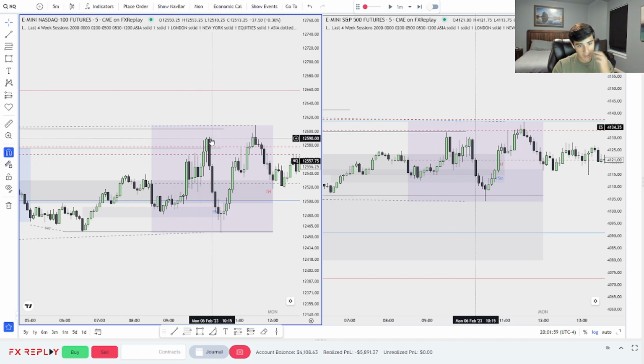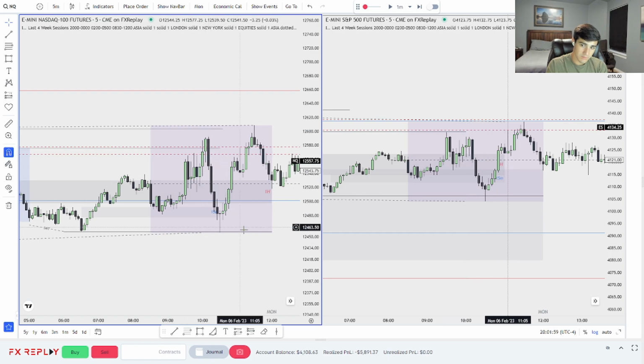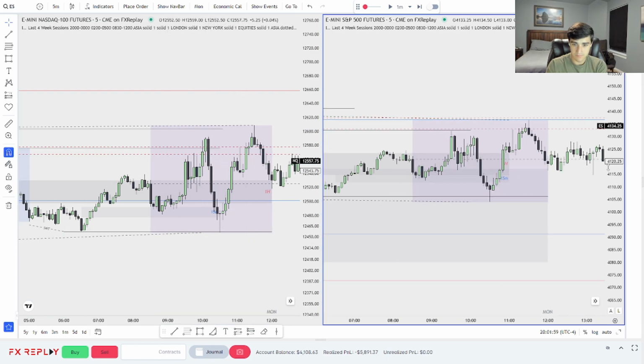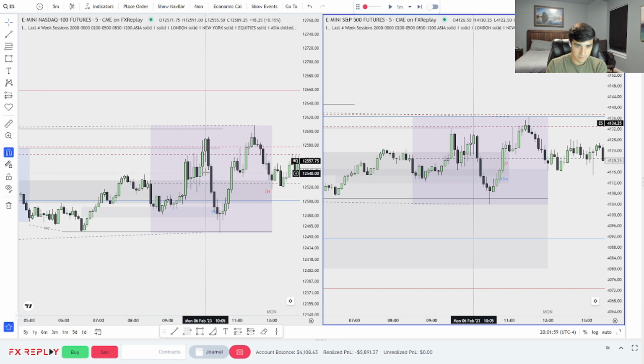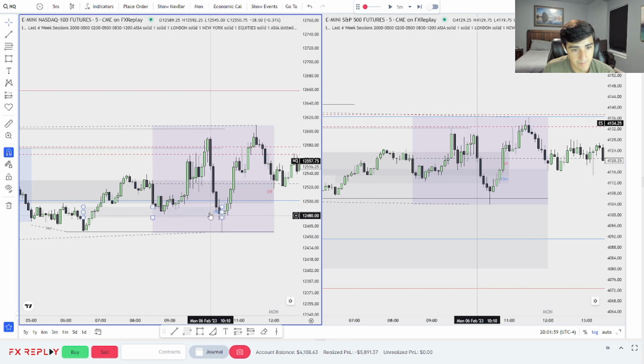We see NQ run out that London high, and this is a decent move too. We form a high, form a low, run that high, trade lower. So there's probably some form of breaker block in this structure.